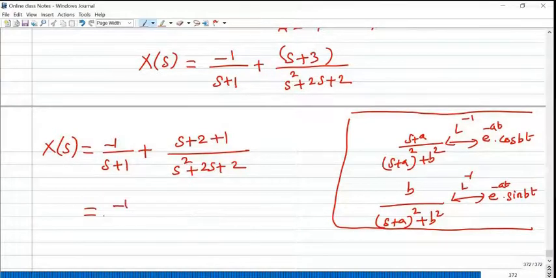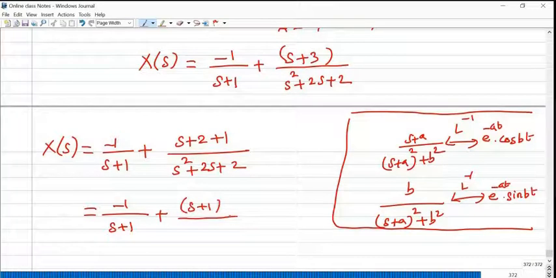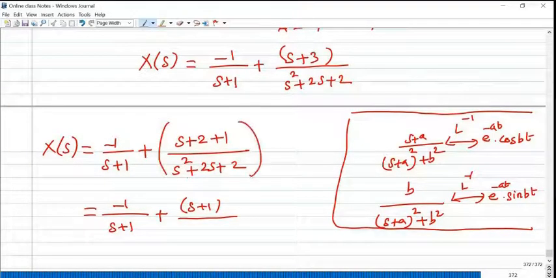This particular term s square plus 2s plus 2 we should also rewrite in the form of s plus a whole square plus b square. Wait for another 5 minutes. We will complete this problem first.